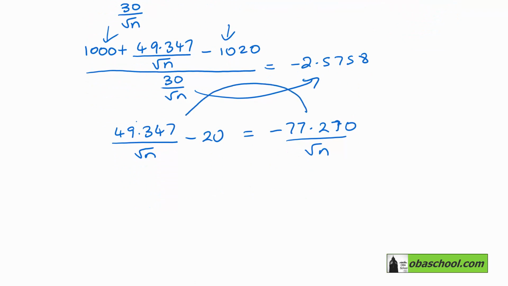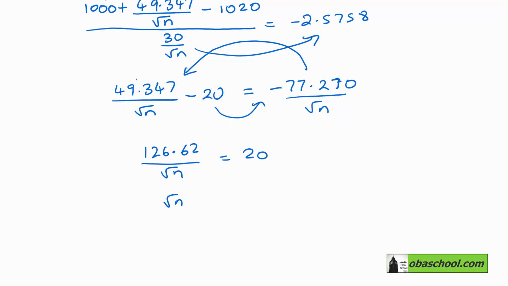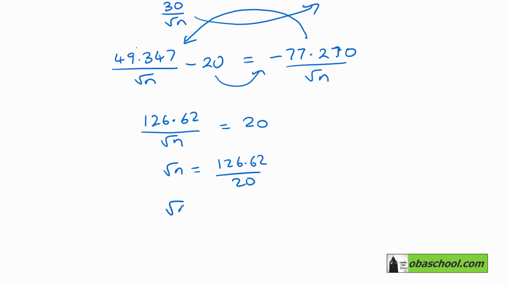And then if we bring this over here and add and bring that over there, we get 126.62 over root n is equal to 20. So root n would be equal to 126.62 divided by 20. Root n is equal to 6.331. And n is then 40.08.